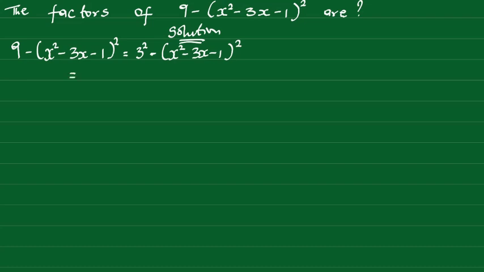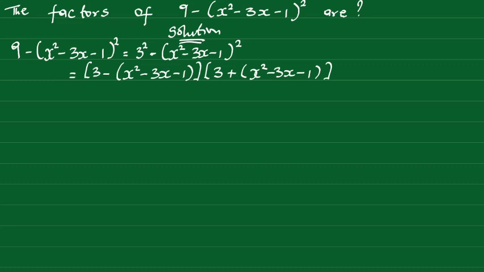And this is equal to (3 minus (x squared minus 3x minus 1)) times (3 plus (x squared minus 3x minus 1)). The reason for this is because this expression is a difference of two squares expression.